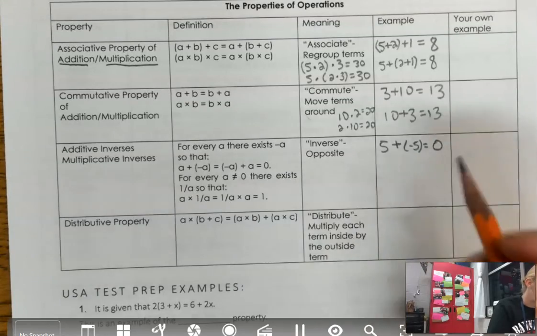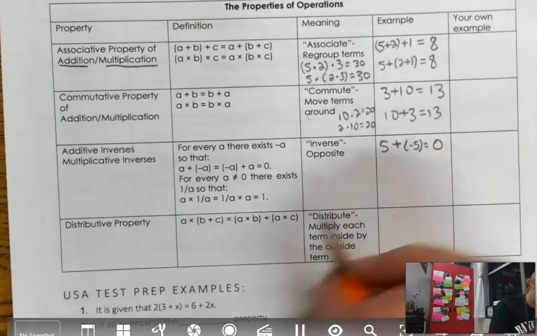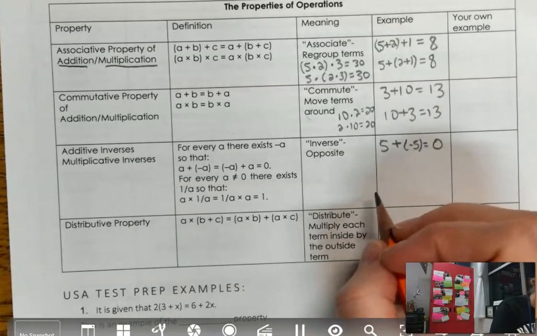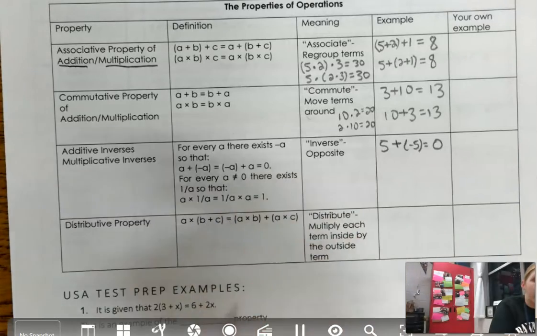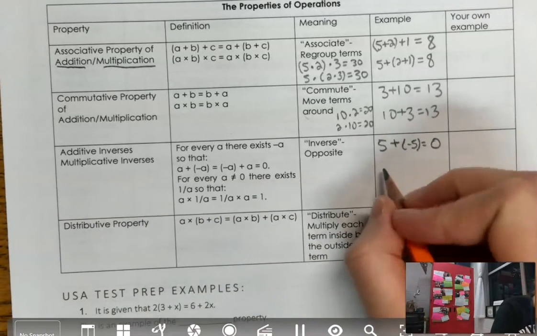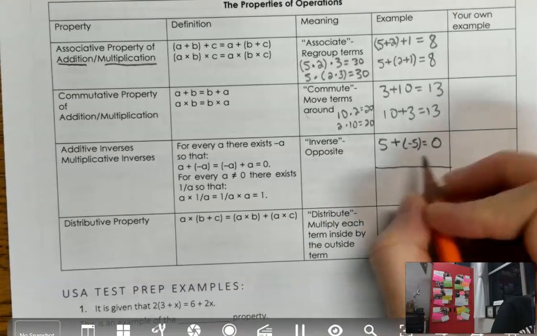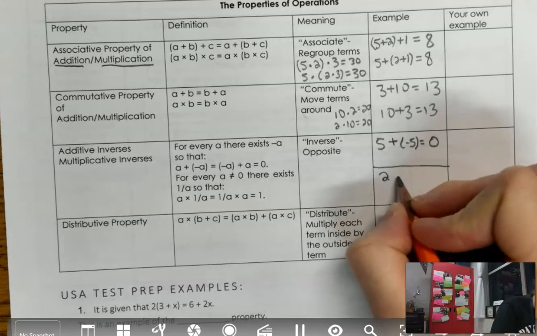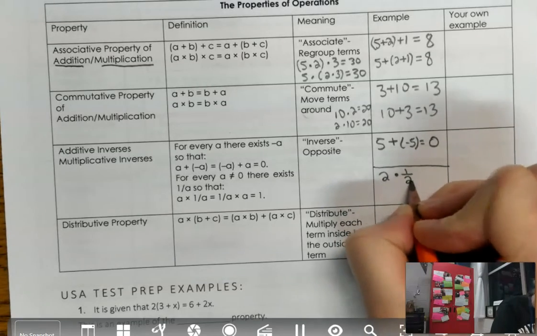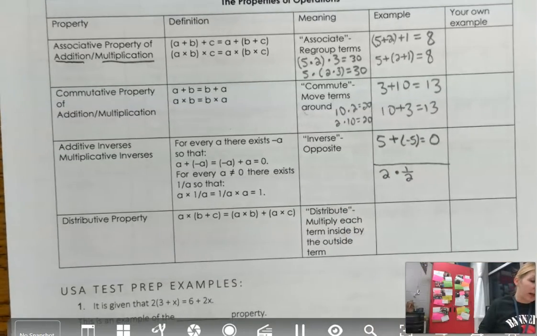All right, for multiplication, it looks a little different. So in multiplication, there exists a number that when we multiply it, we could get 1. That's the multiplicative inverse. So if I have the number 2, I can multiply 2 times 1/2.